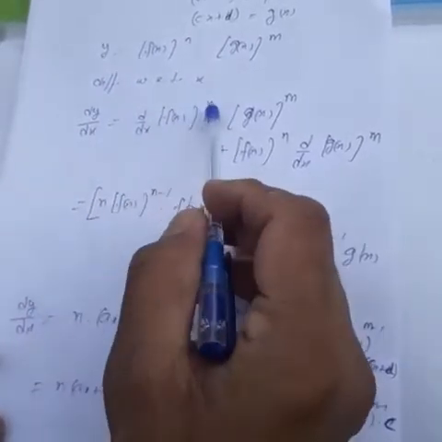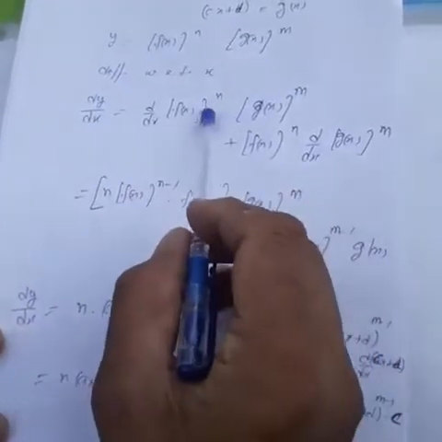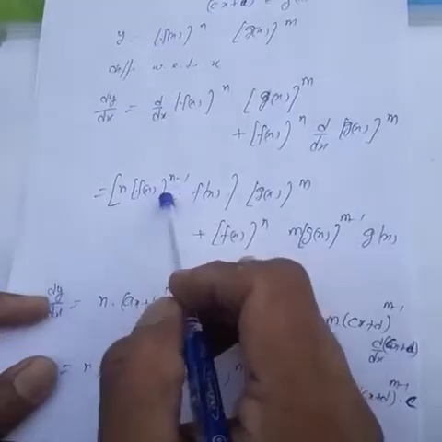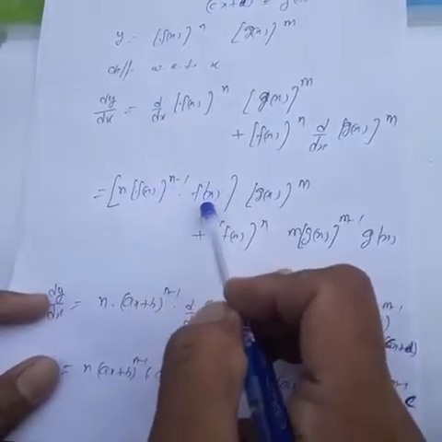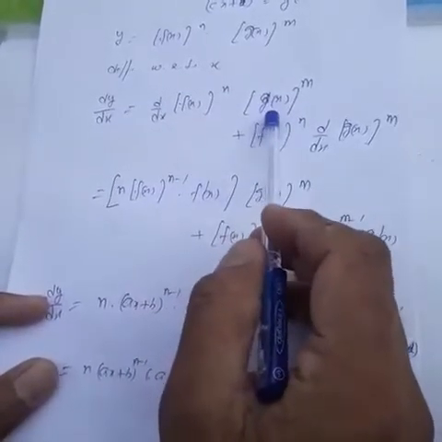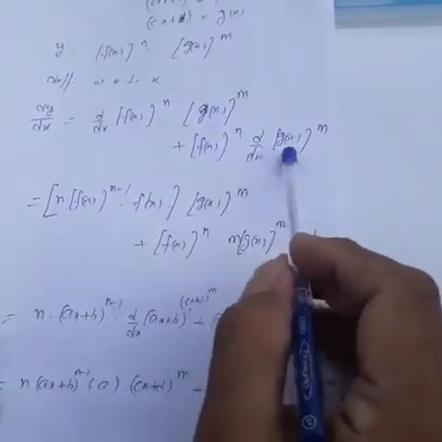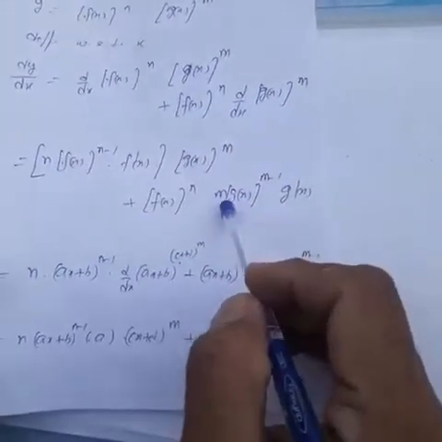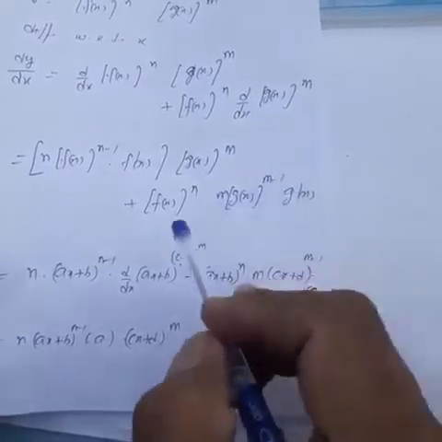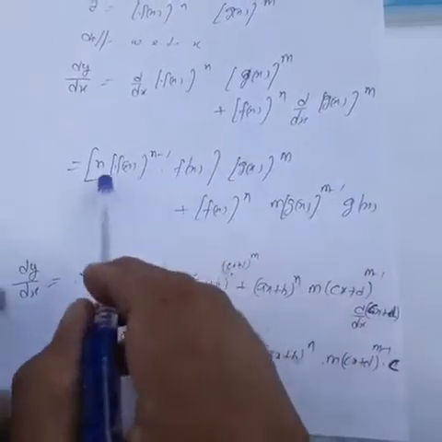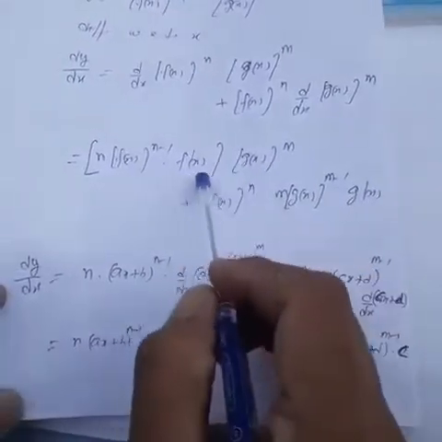What will be the derivative? n into f(x) raised to the power n minus 1 into the derivative of f(x), plus f(x) raised to the power n into the derivative of this, m into g(x) raised to the power m minus 1 into g dash x, the derivative of g(x).